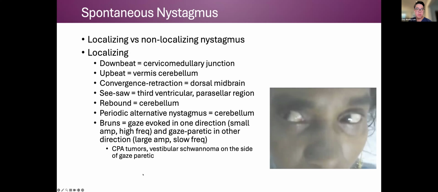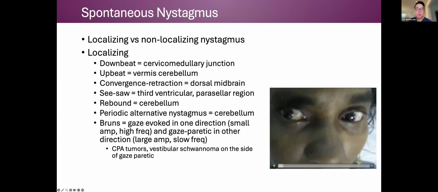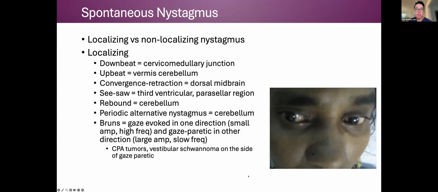I don't want to go through the entire list here, but there are some localizing types. This is more of a neurology thing, but it can tell you where along the brainstem or cerebellum the lesions could be occurring. The important one that we should know is Bruns nystagmus, which is gaze evoked in one direction, small amplitude and high frequency, and gaze paretic in the other direction.